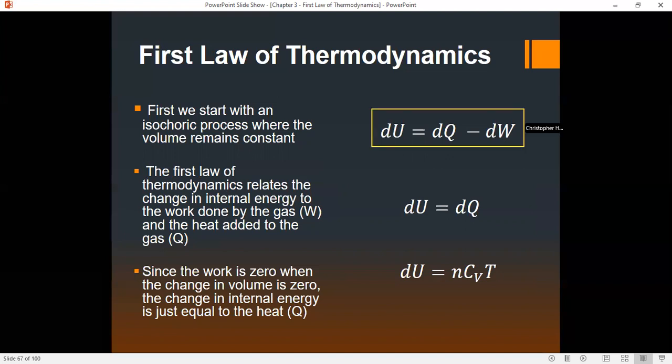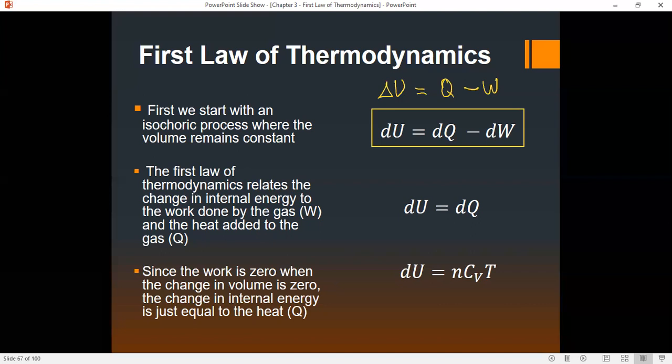Now, it's written like this, basically, although we're more familiar with delta U being equal to Q minus W. So we're saying for this infinitesimal amount of volume within this thermodynamic system, the change in internal energy is going to be equal to the heat added to that particular volume minus the work done by that volume.